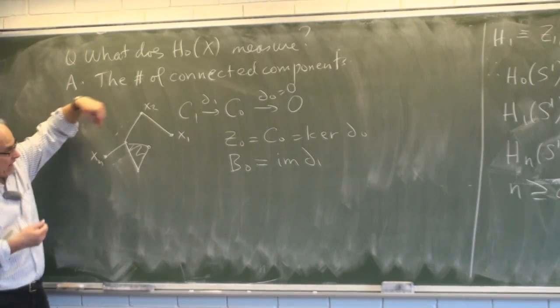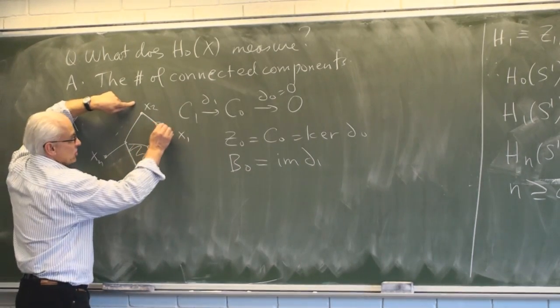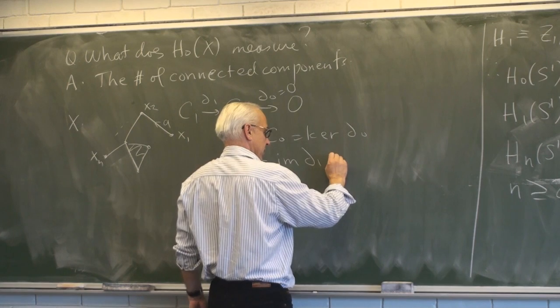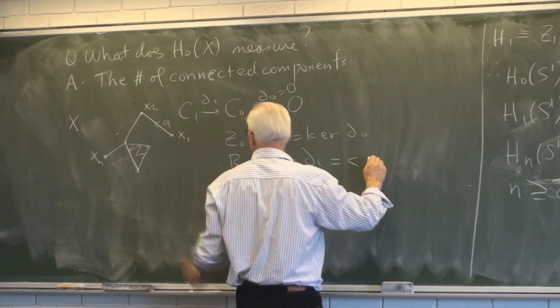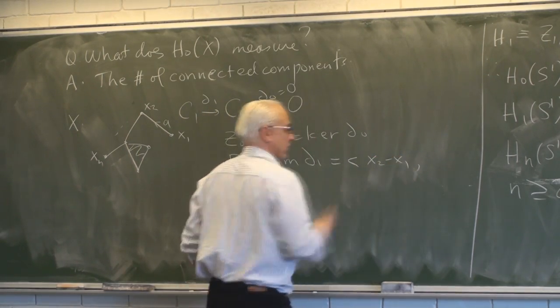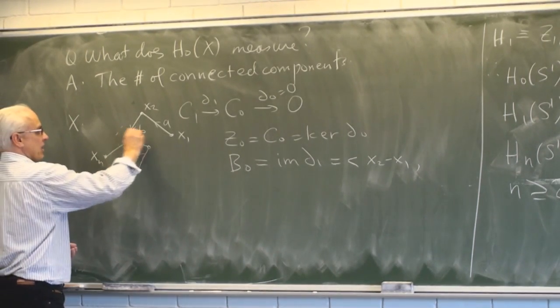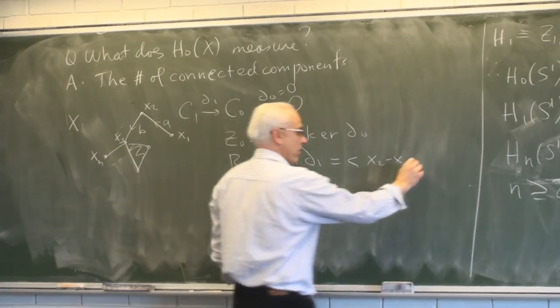That's going to be the span of all the images of the various edges. So if you have an edge A, then the edge A is going to give you x2 minus x1 as its boundary, while the next edge B is, say, going to give you x3 minus x2.